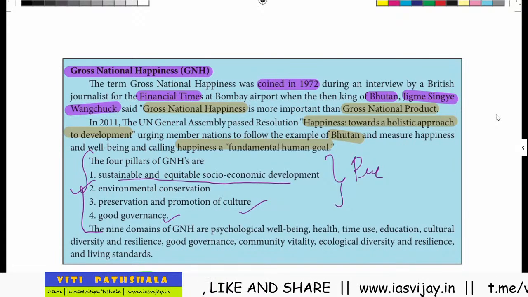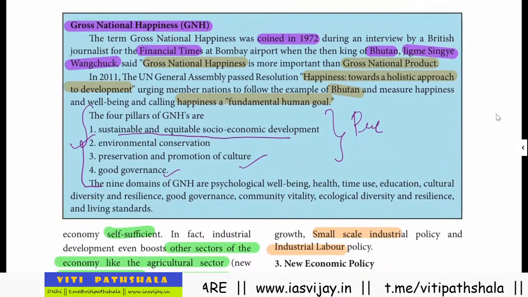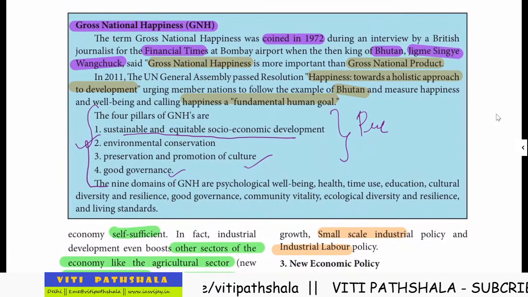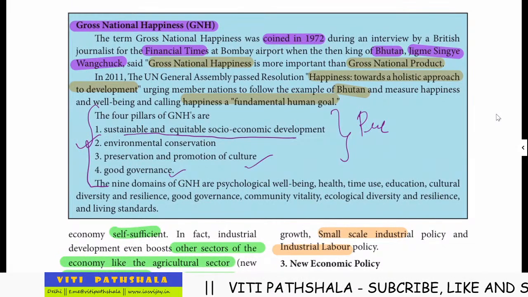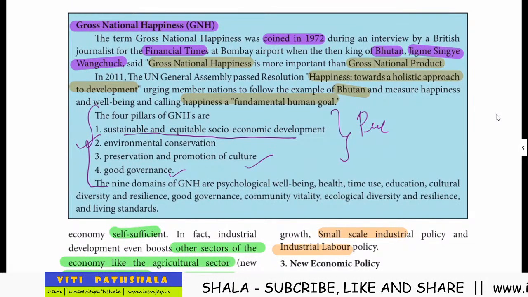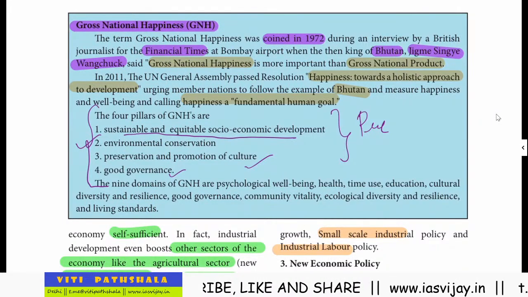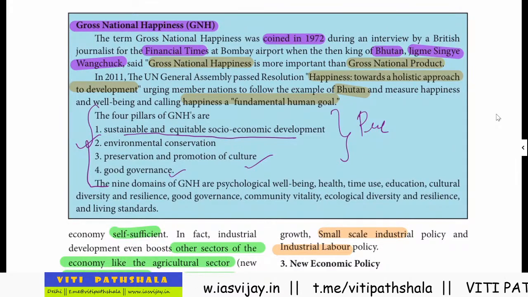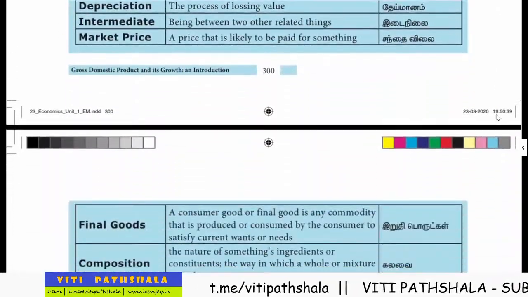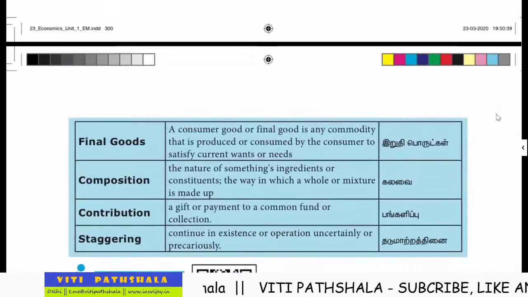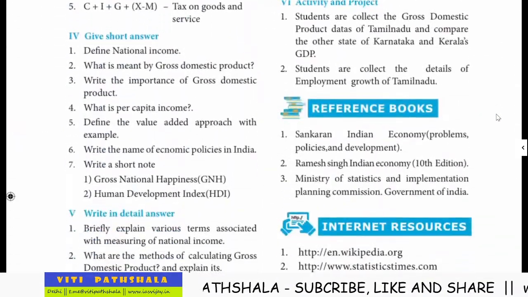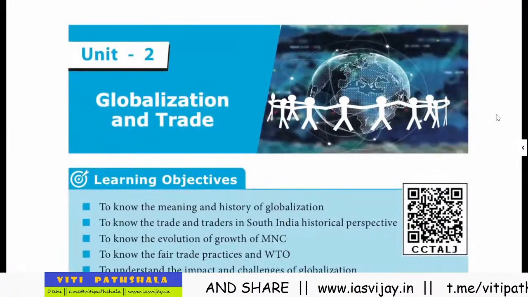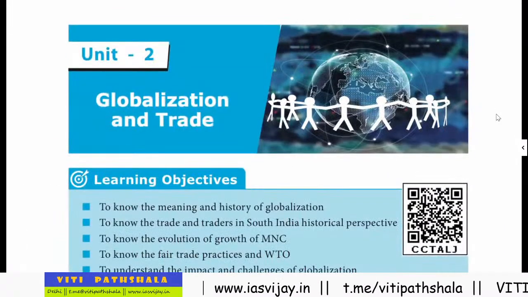The nine domains of the GNH are psychological well-being, health, time use, education, cultural diversity, resilience, community vitality, ecological diversity, and living standards. Now, this was a big chapter, but important, most important from your exam point of view, because these definitions are very important if we see from the exam point of view.